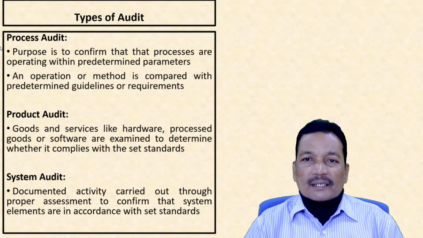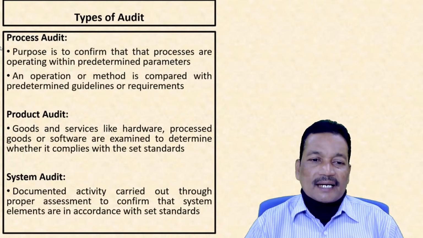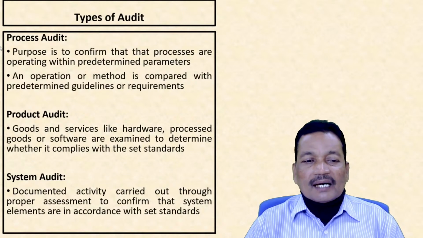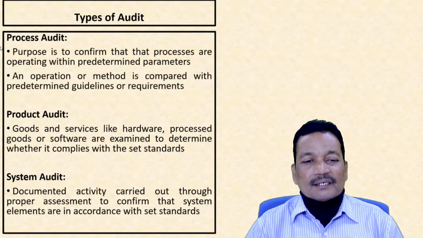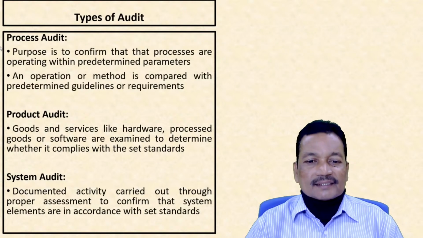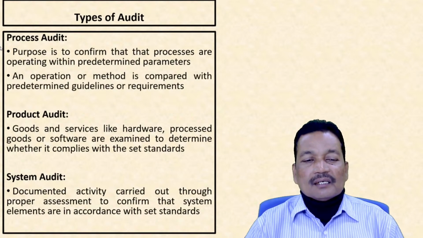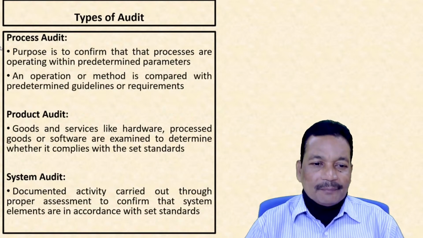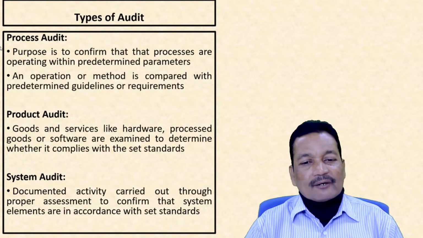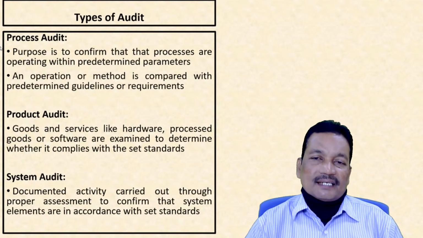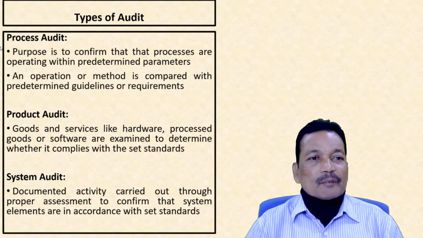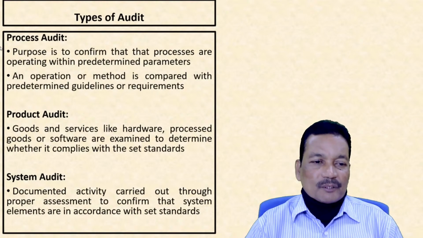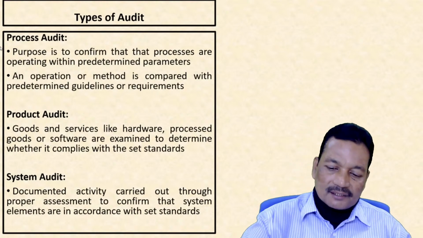But whatever the activities or the things that are happening are documented. Now, this documentation process will help us to assess whether the system components or the elements are in accordance with set standards. So we can have three types of audits: the process, the product, and the system.